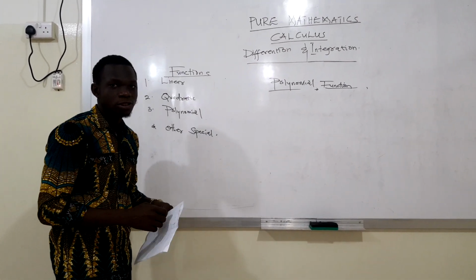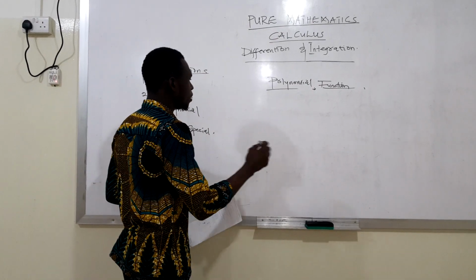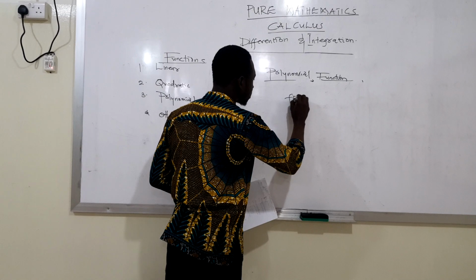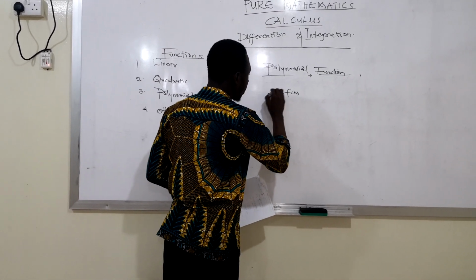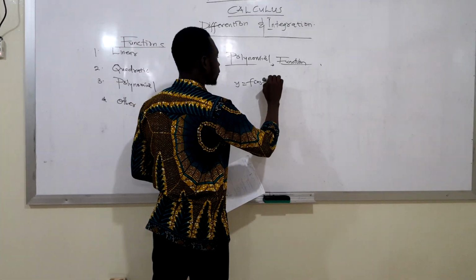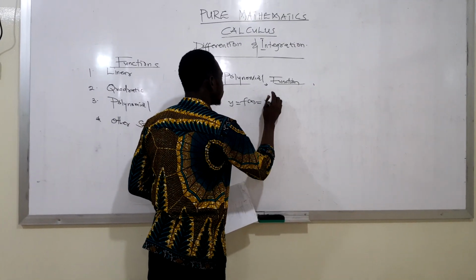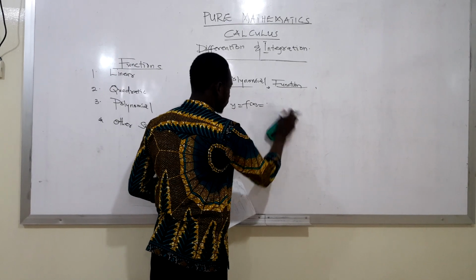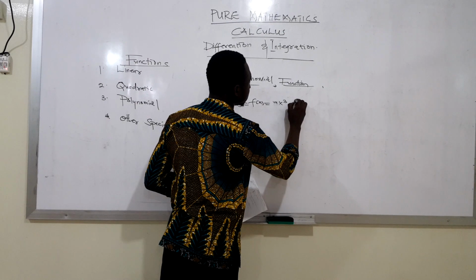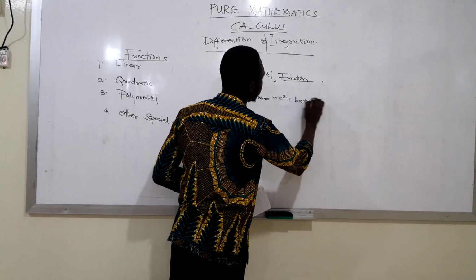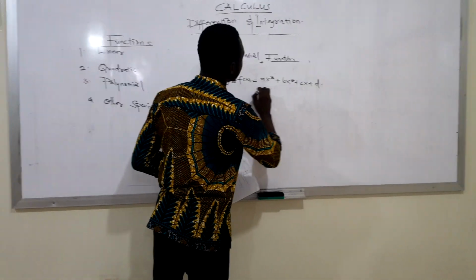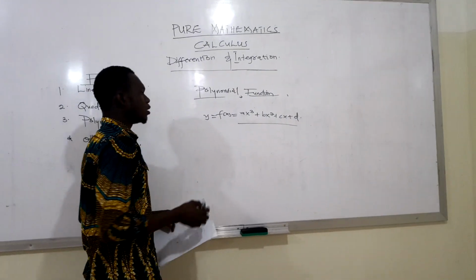Now we are going to talk about polynomial functions. And with polynomial, we have when the expression f of x or y is equal to ax cubed plus bx squared plus cx plus d, and this is a polynomial function.